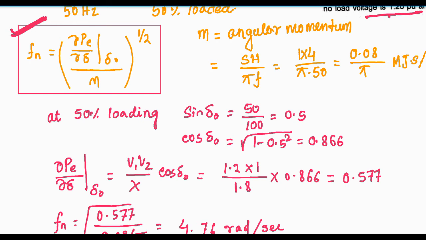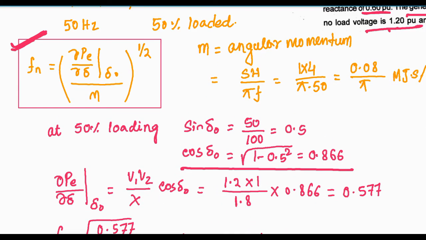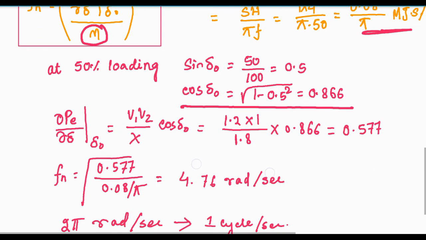We have got the cos delta naught, and now we need del Pe by del delta at delta naught, the numerator. The denominator we have already found, and we have to find the numerator, that is del Pe by del delta at delta naught.